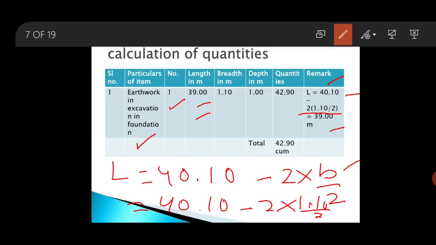So this is the length, breadth is 1.1 and depth is 1. Then by multiplying these three, we will get the quantity of excavation as 42.90 cubic meter. You can also match this quantity with your long wall and short wall method. So the quantity in both cases will be the same.